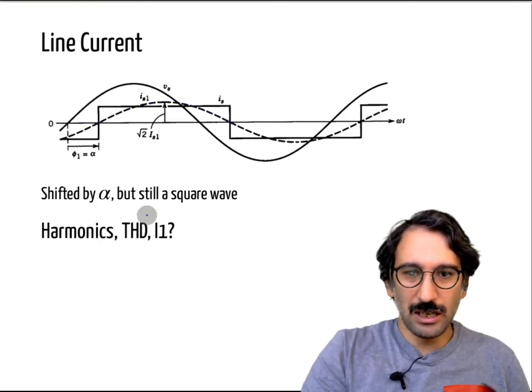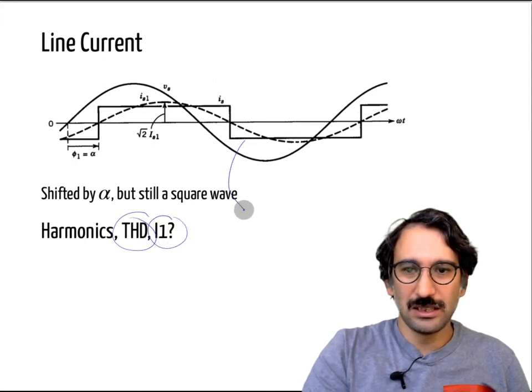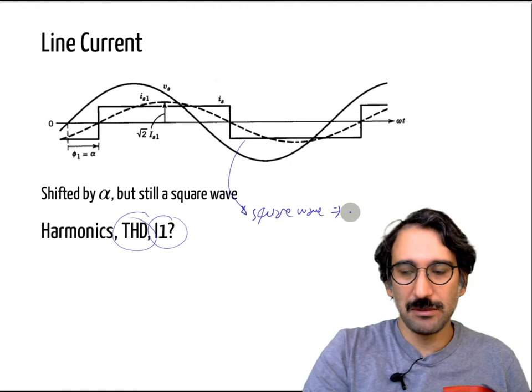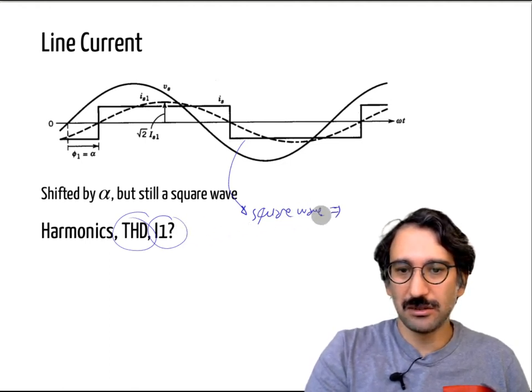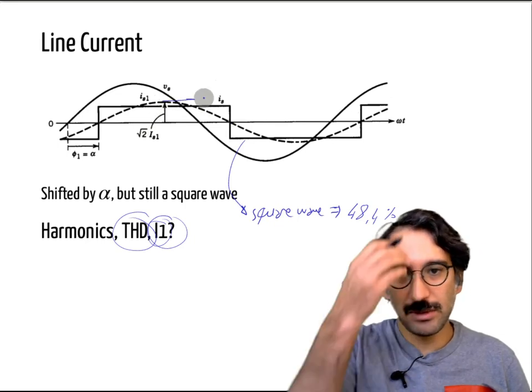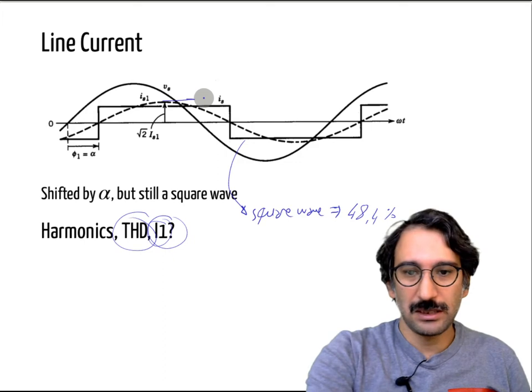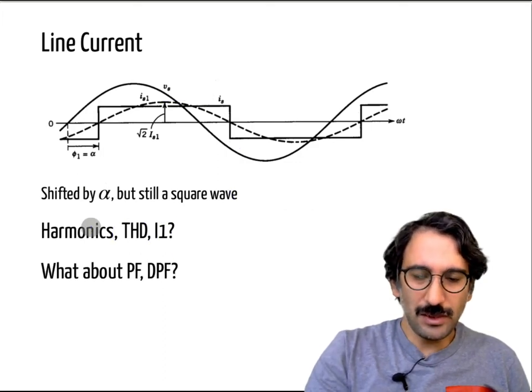For harmonics and I1, the THD is still that of a square wave, the same as a normal square wave. Even though it is shifted, it is just related to the current waveform, so it was around 48.4%. The magnitude of I1 is the same as the square waveform, but the power factor and displacement power factor are slightly changed with respect to diode rectifiers.